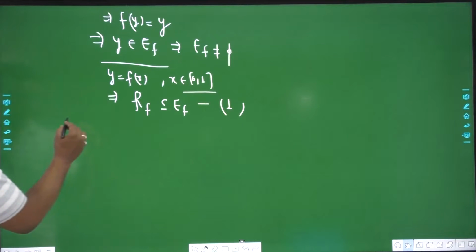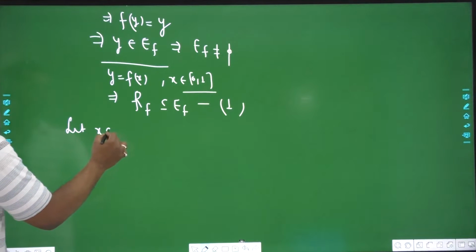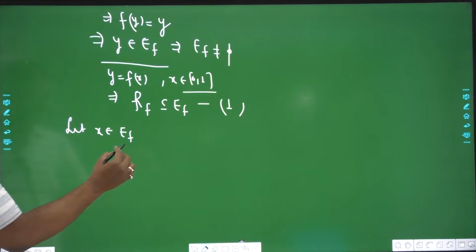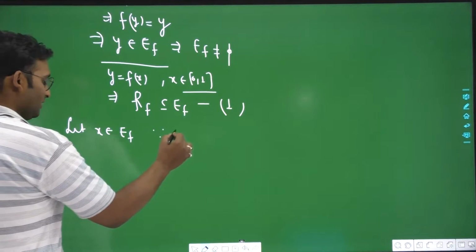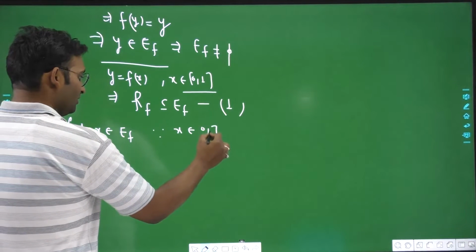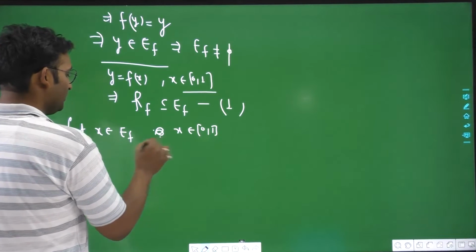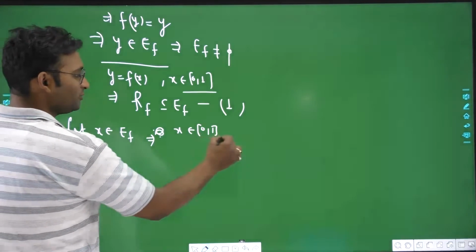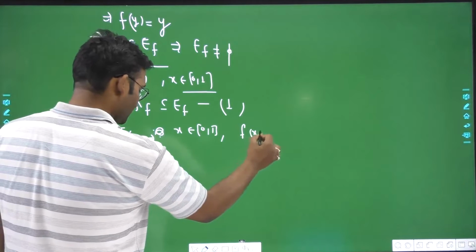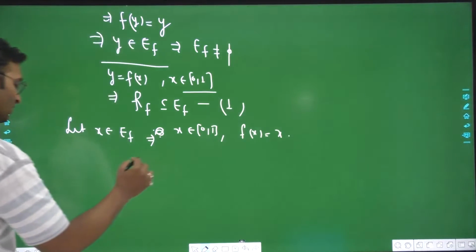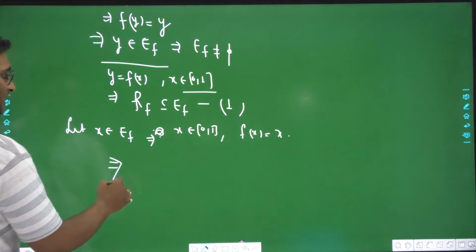Also मानते हैं कि let x belongs to e of f. Now since x belongs to e of f, it implies x belongs to 0 comma 1 such that f of x is equal to x. So it implies what?